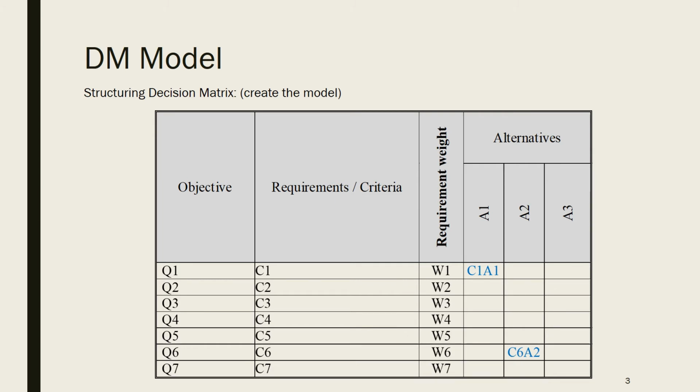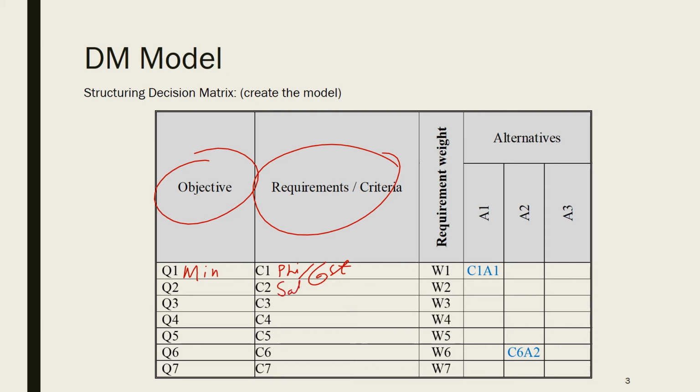The first column in the Excel file is basically going to be the objectives. The objectives are, as I said, directly linked to the criteria or the requirements. So let's say that the first one is the price or the cost. In this case, I want to have the lowest or the minimum cost. For the second requirement, let's say safety, I want to have the car with the maximum or the highest safety options.